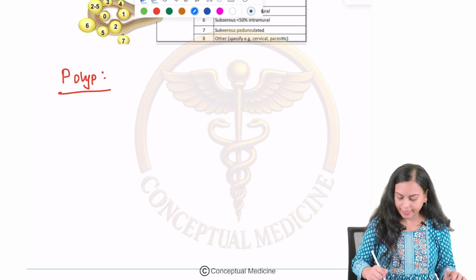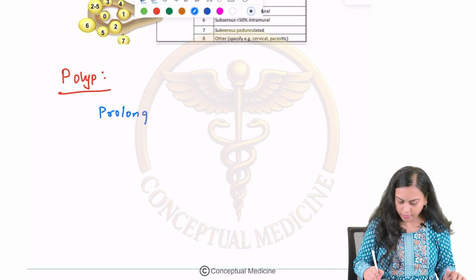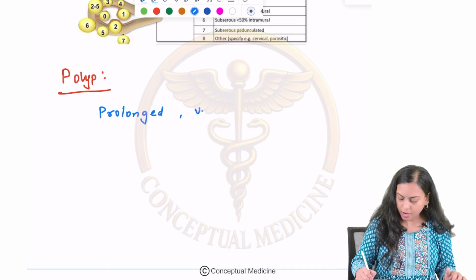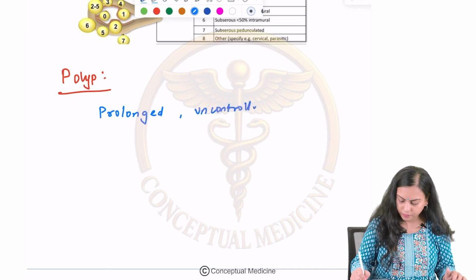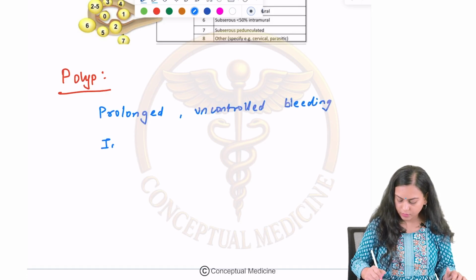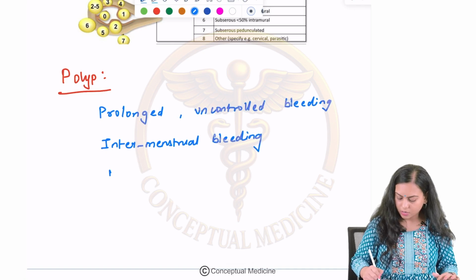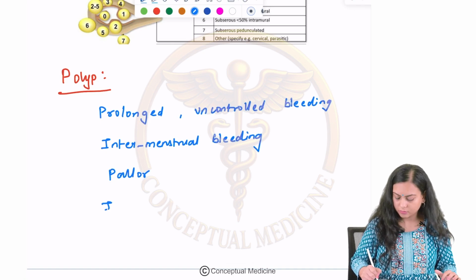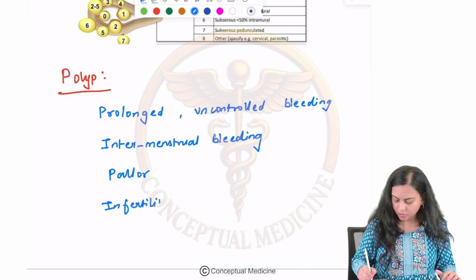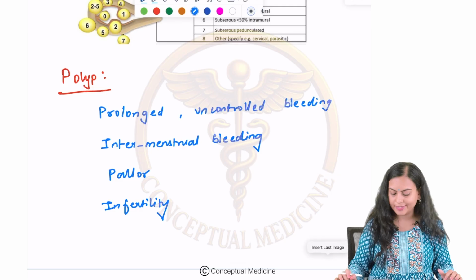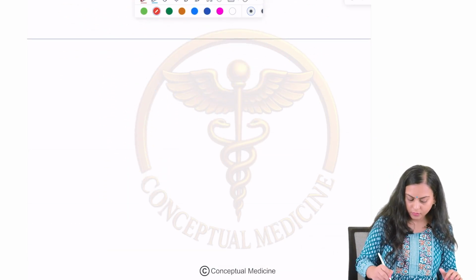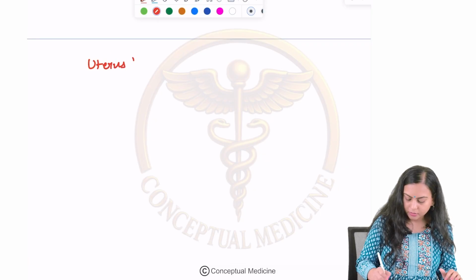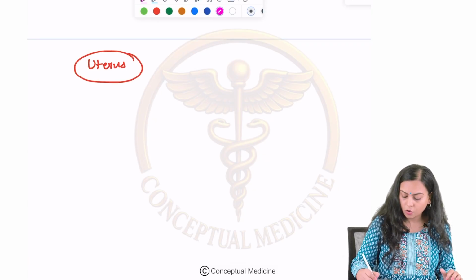In polyp, there can be prolonged uncontrolled bleeding or intermenstrual bleeding, pallor, or sometimes they can also present as cases of infertility. When you examine, the uterus is normal in size.